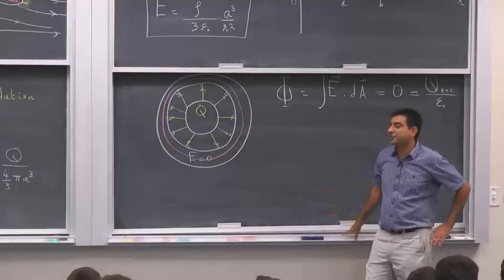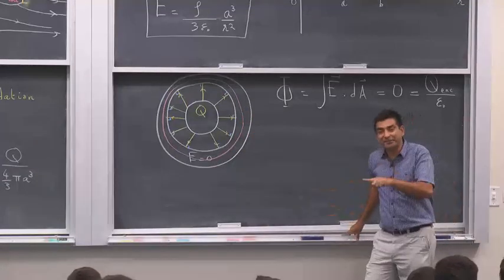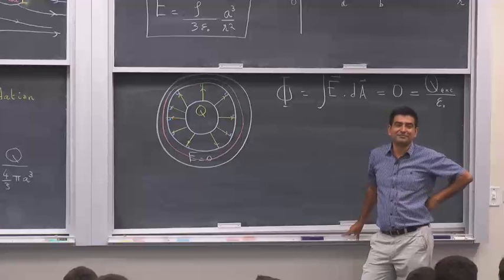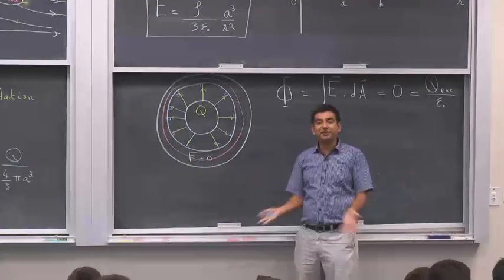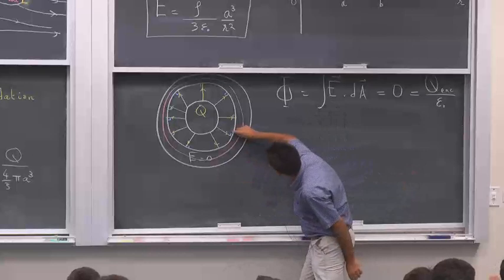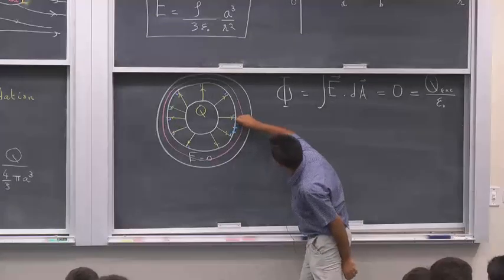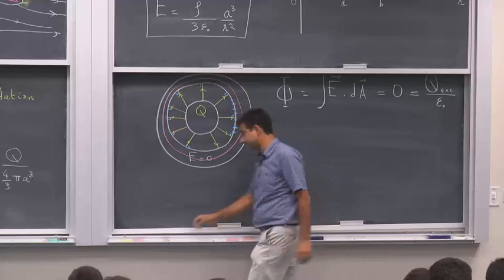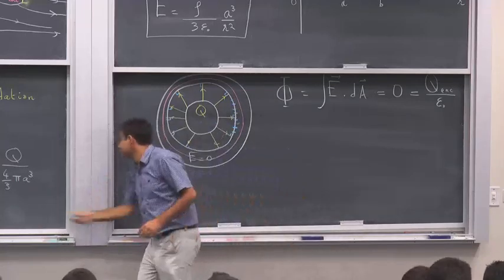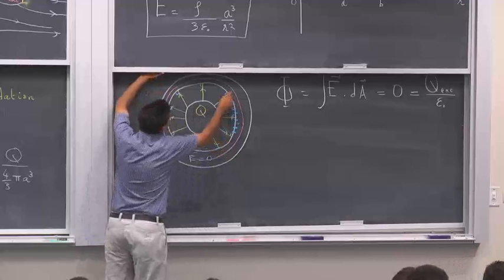And what's that charge going to be? It's going to be minus Q. So there must exist a negative charge of total magnitude minus Q on the inner periphery of this object. So there is a negative charge here.